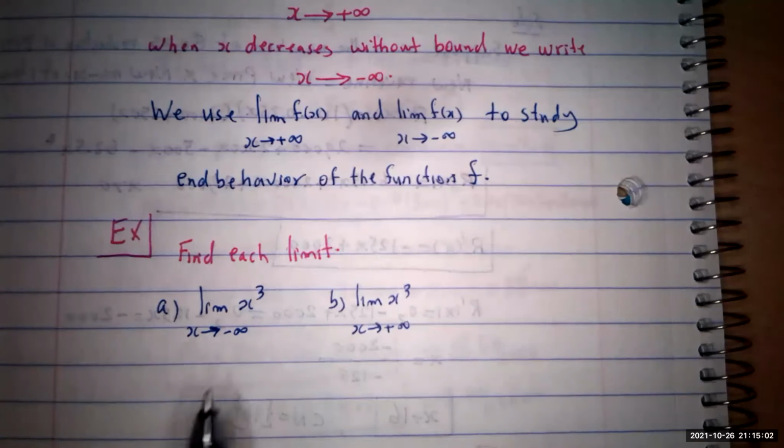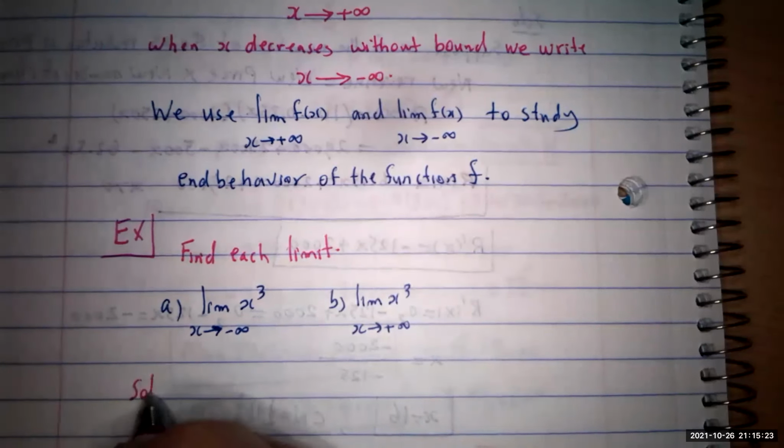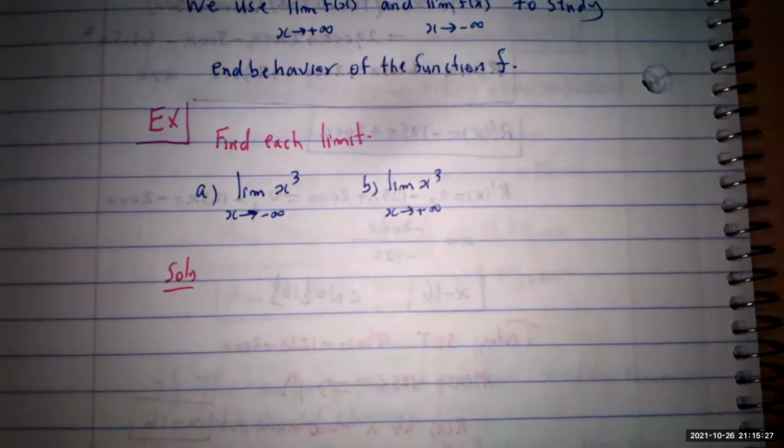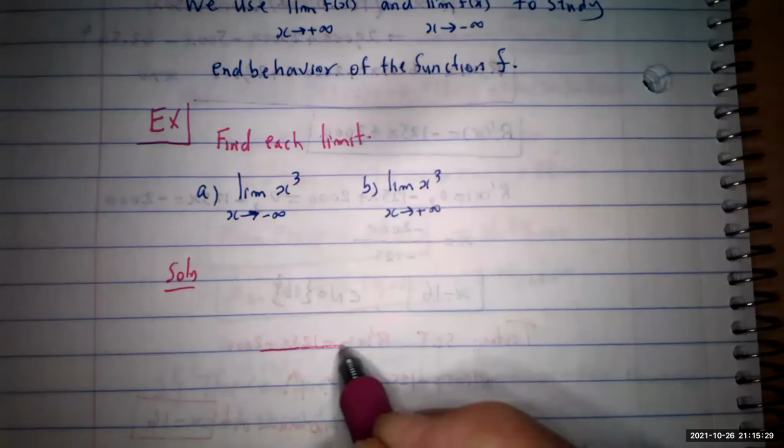We want to know what happens to x cubed when x is getting smaller and smaller, x goes to negative infinity, and what happens to x cubed when x is getting bigger and bigger. That gives you the direction of your graph. So what's going to be the solution? I'm going to use the graph to explain it to you. Look at this graph.